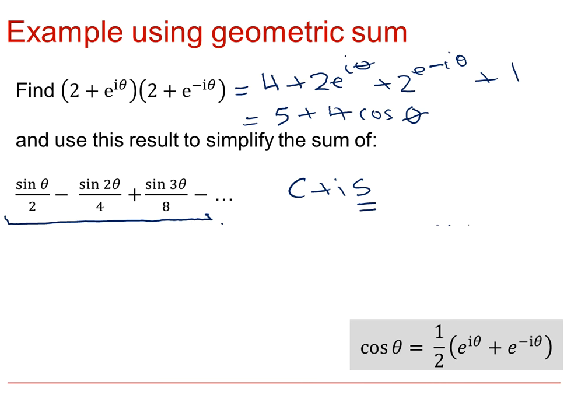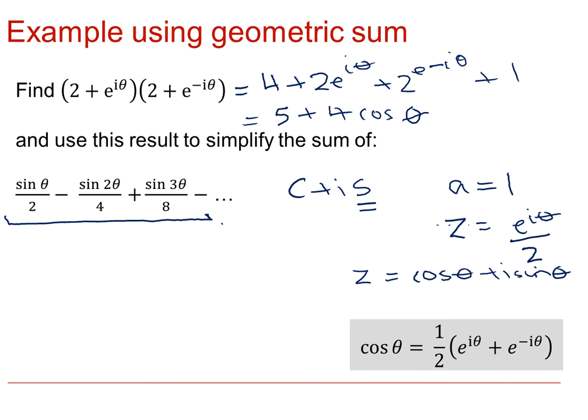So, looking at this, I need possibly a to be 1, because I can see that each term is multiplied by 1. And if I choose z equals e to the i theta, that would give me the imaginary part, so that would be z equals cos theta plus i sine theta. But I need this divided by 2, because there's a factor of 2 there, so I shall divide by 2.